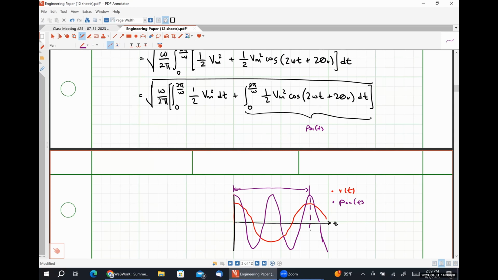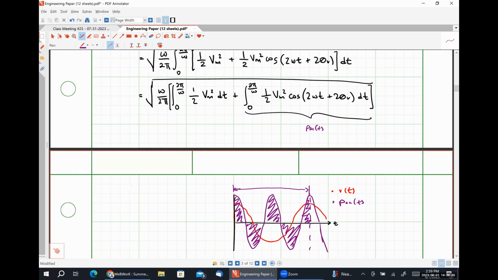So what is this area plus this area plus this area minus this area minus this area? Is that the generic equation we started out with?